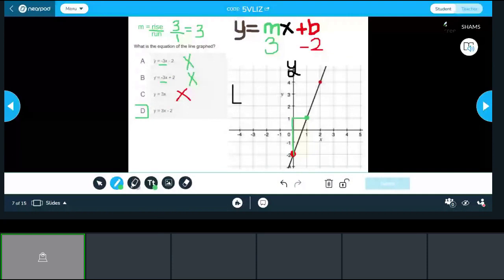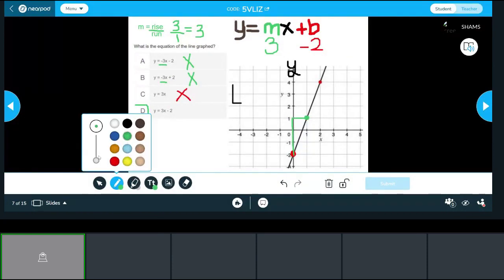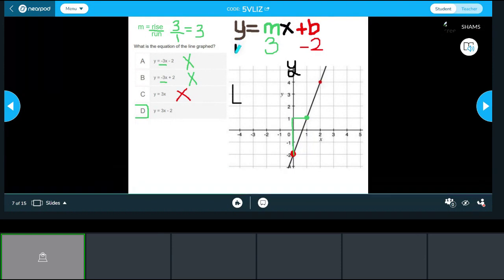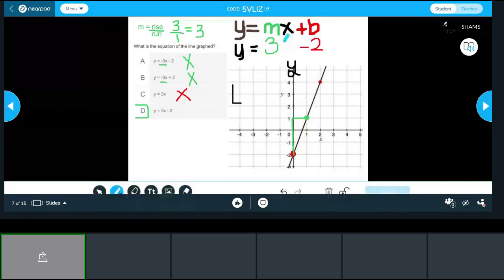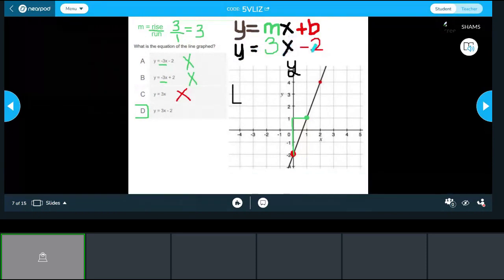Look at the question thoroughly, see if it makes sense. If you also plan to complete writing the equation, you can say over here, y equals 3x minus 2. There we are.